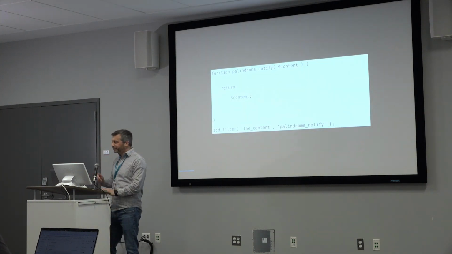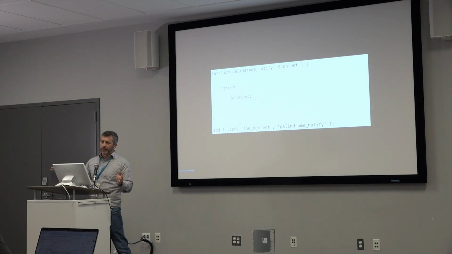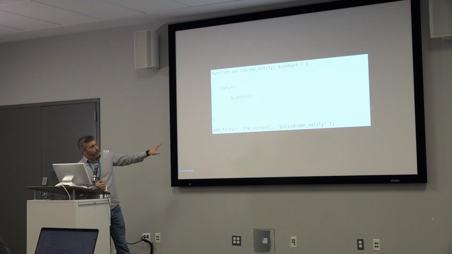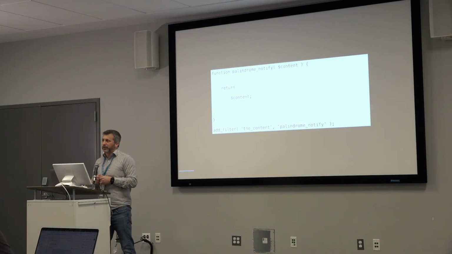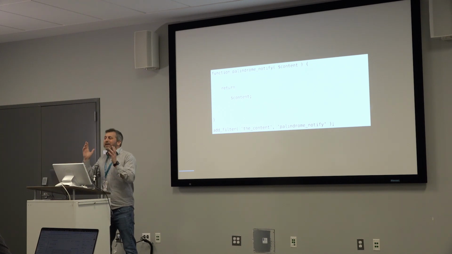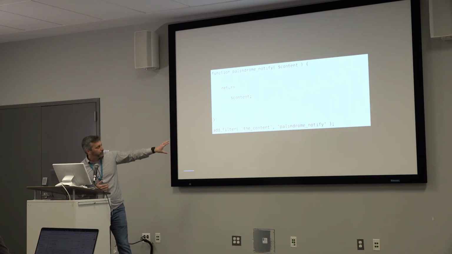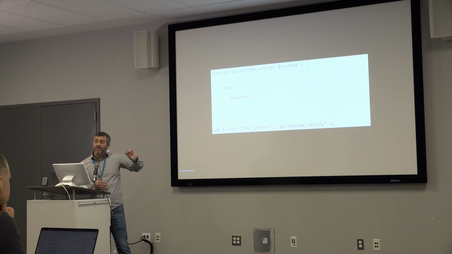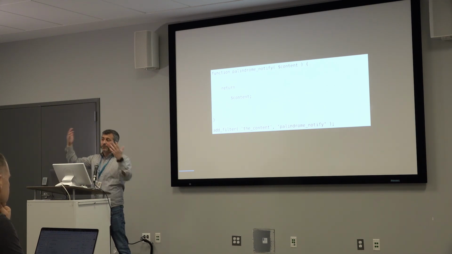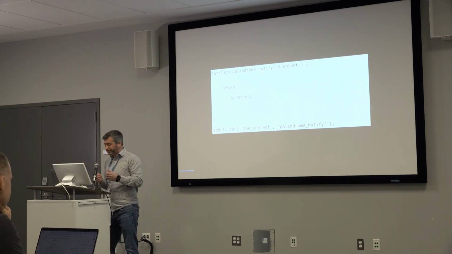All right. We jump right into some code. Here is a code example we have. We are using a WordPress filter. If you're not familiar with filters, I have a talk up on WordPress TV where I talk all about filters. But the big idea here is this last line, add filter, and then the content. The content is a filter that is part of WordPress core.